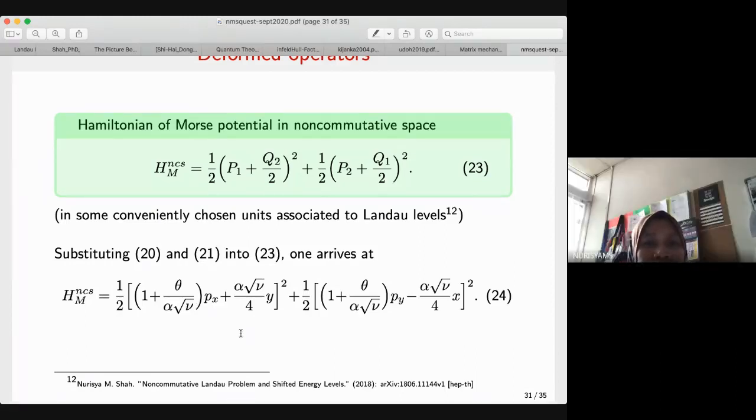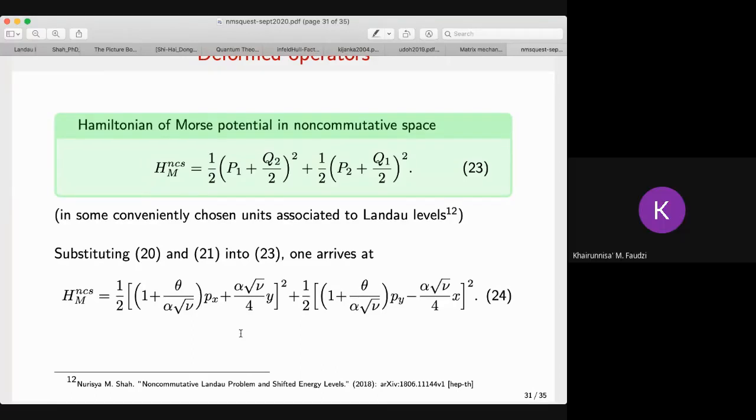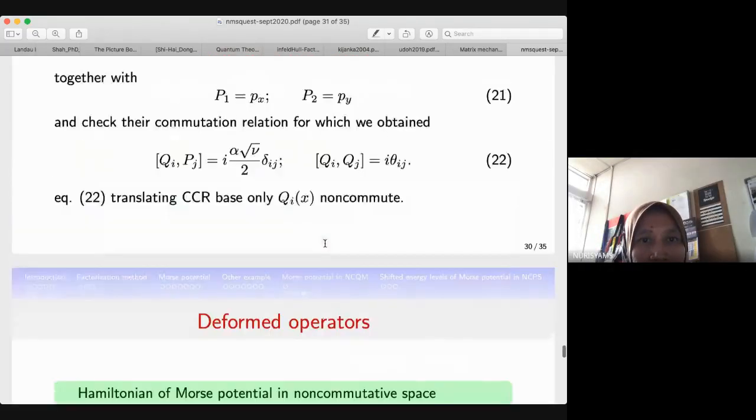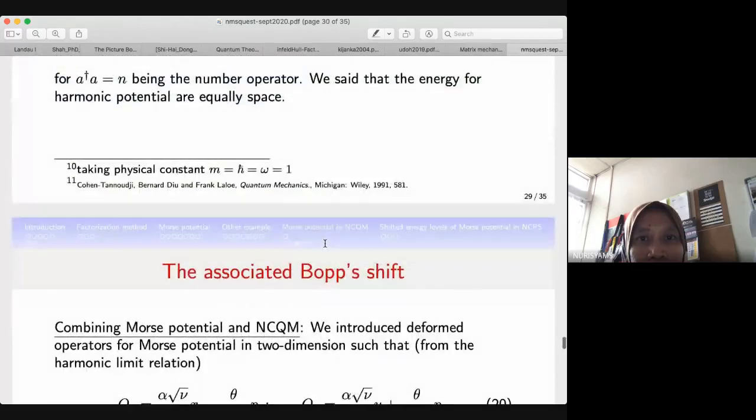Hello, Dr. Nurisya. Fauzi here. Actually, according to equation number 23, so far as I know, there is no Morse potential in equation 23. Oh, okay. I take this into account because we are looking at the harmonic limit.